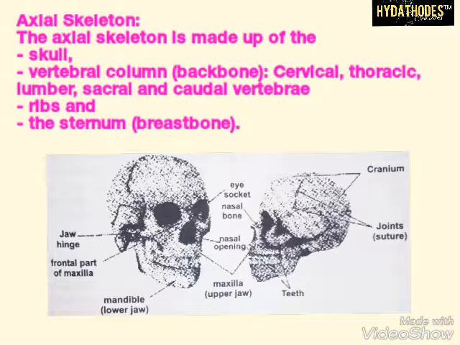The cervical is found in the neck region, the thoracic is found in the chest region, the lumbar is found in the upper abdomen, the sacral is found in the lower abdomen, while the caudal is found in the tail region. The ribs are long semicircular rods connecting the thoracic vertebrae to the breastbone.